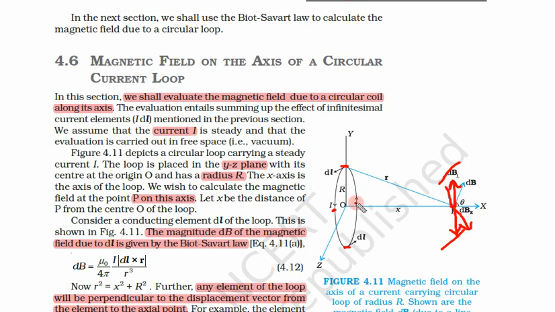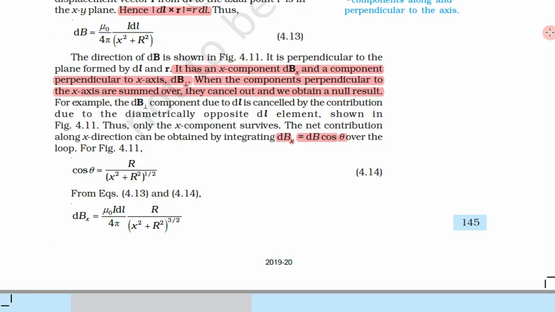If dl is inside, then this dB will also be inside. In all conditions, the contribution will cancel out. For this dl, up, down, up and down get cancelled. So these perpendicular components will get cancelled because of the symmetry.